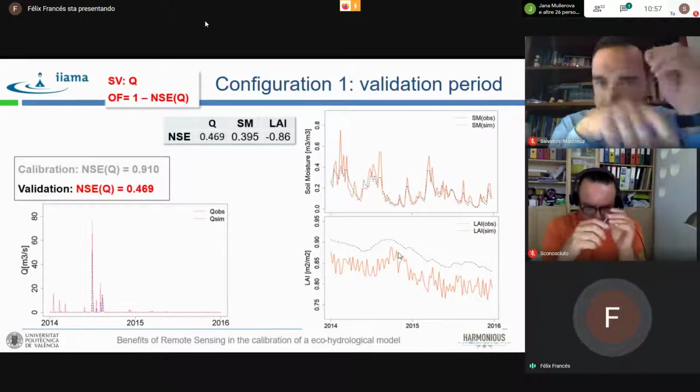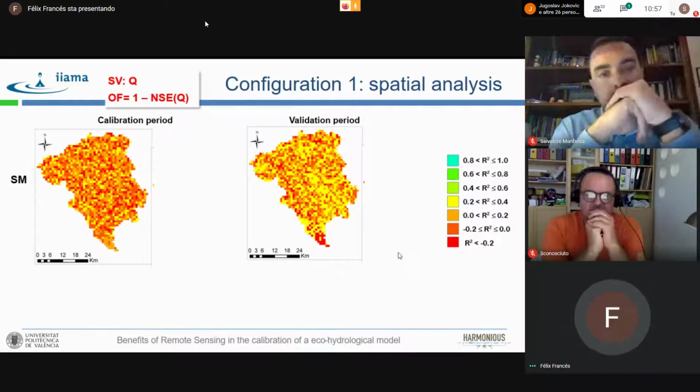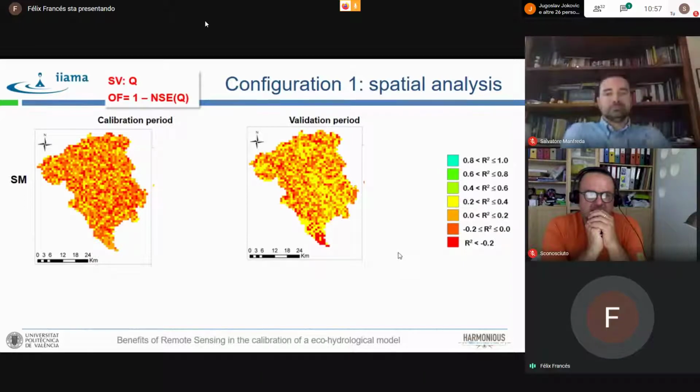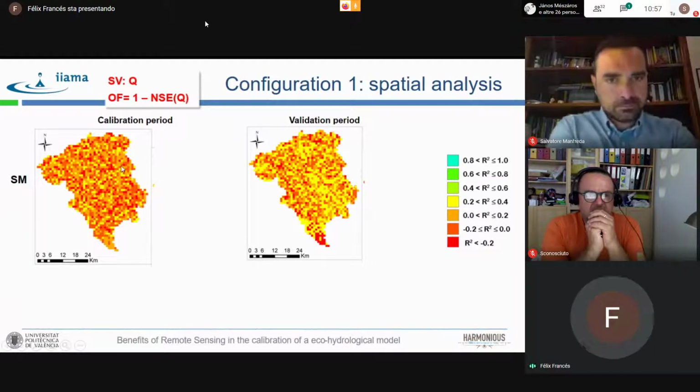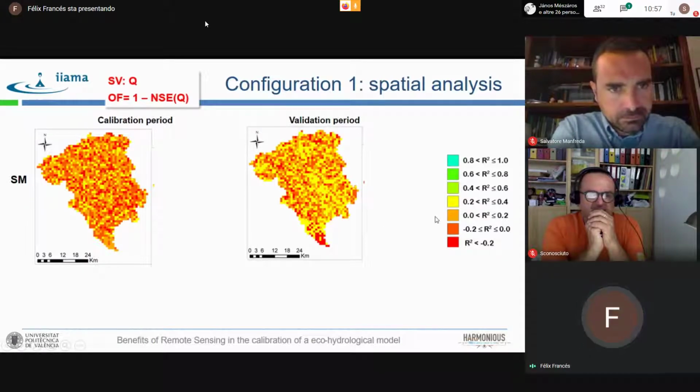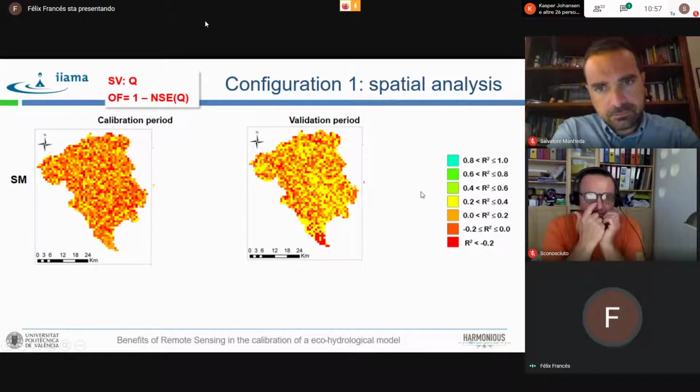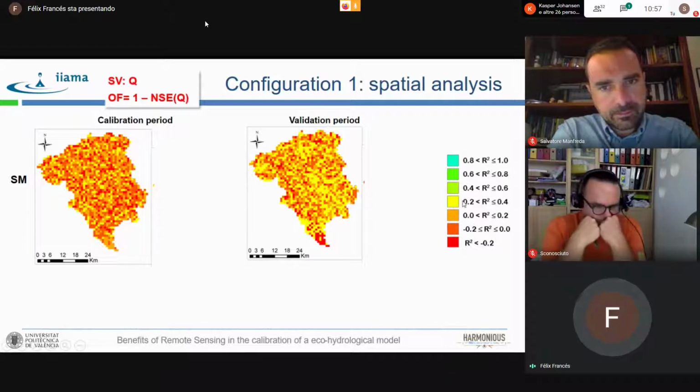But the problem is that when we look at the spatial simulation in the calibration period and in the validation period, it's a disaster. This is for the soil moisture. The determination coefficients are always smaller than 0.4, and very often around 0 actually.